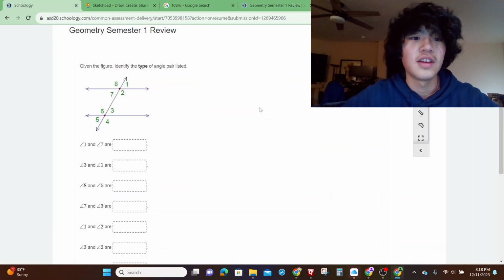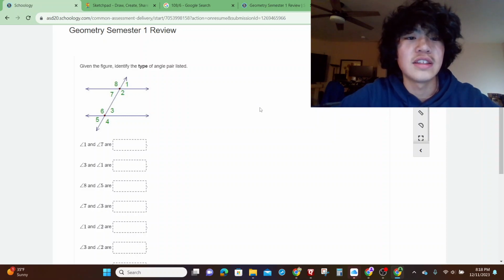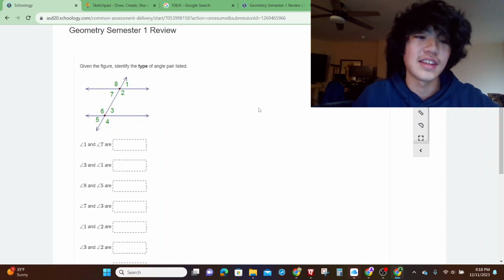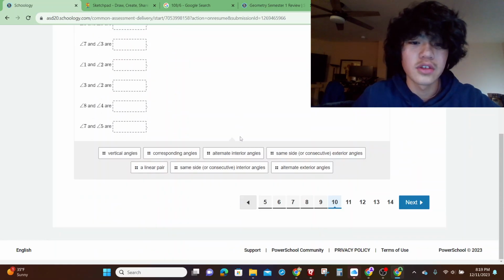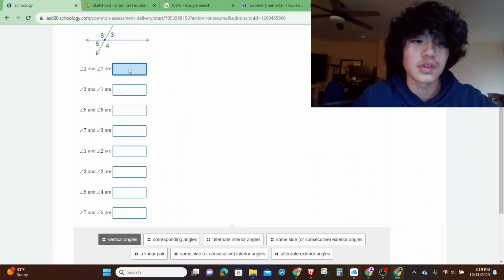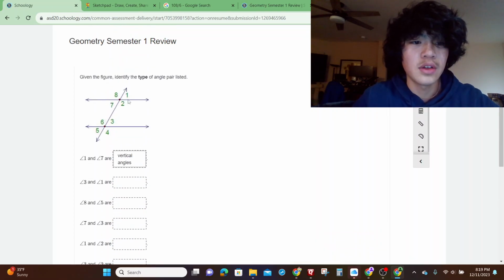Wonderful. Okay, given the figure, identify the type of angle pair listed. So 1 and 7, those are vertical to each other, so those are vertical angles. 3 and 1, those are corresponding because one's inside the two lines and one's on the outside.